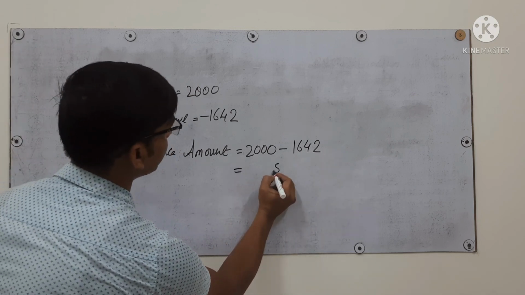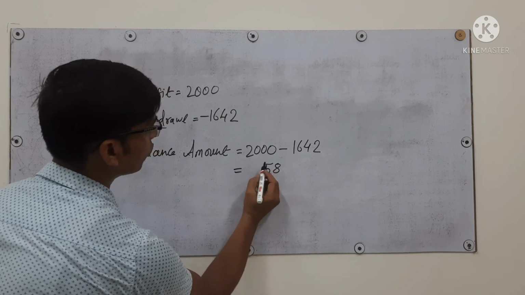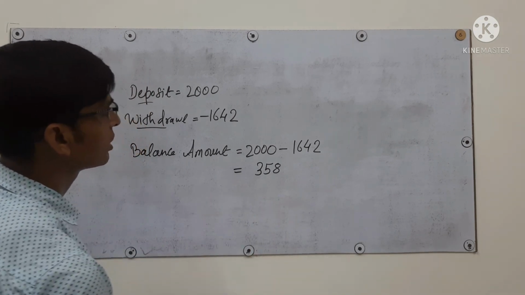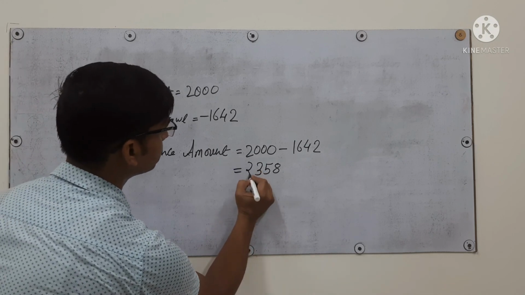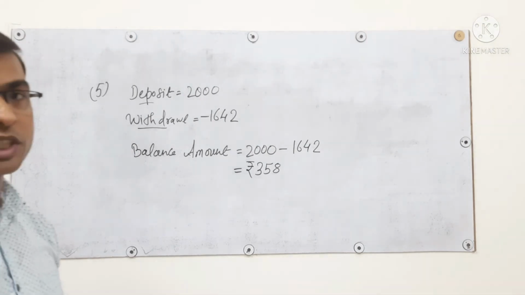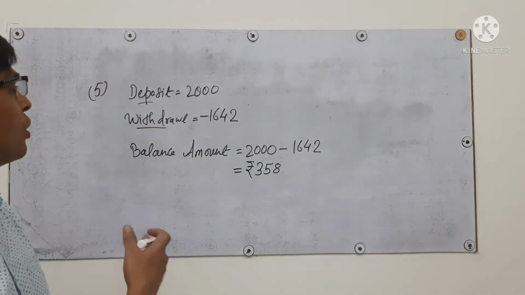So it will be 358 rupees. Just mark the sign. From here you can see how easy the questions given in the textbook are. Okay students, so you can note from here.